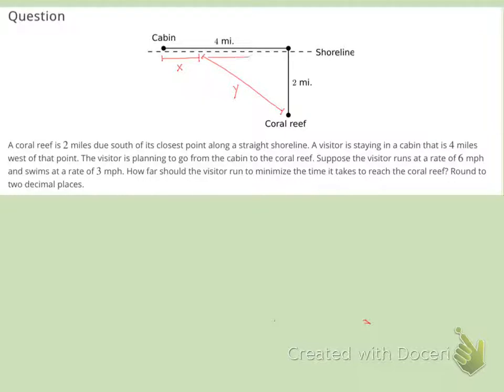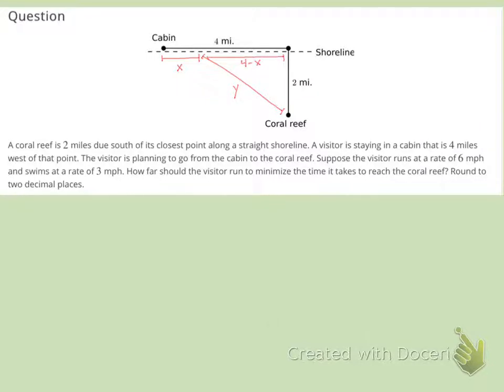So let's look at this distance here. The full distance from the cabin to the spot on the shoreline that's straight north of the coral reef is 4 miles, and this piece that we're running is X, then this is going to be 4 minus X. And then we have this nice right triangle.